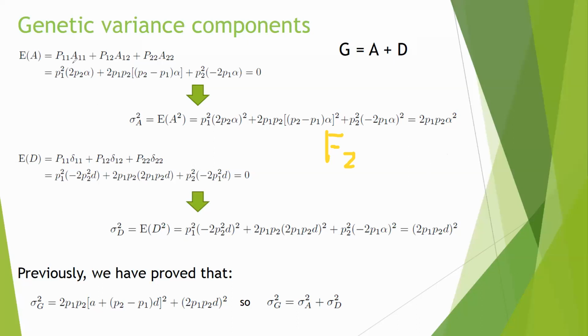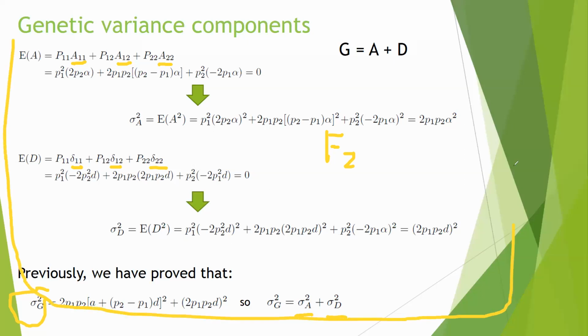And if we have the breeding values for these three genotypes, and we also have the dominance deviation for the three genotypes, please prove that the total genotypic variation is the sum of the variation due to the breeding part, the additive part, and the variance due to the nonlinear part, the dominance deviation. Just follow the slides and prove this, then you are done. Okay.